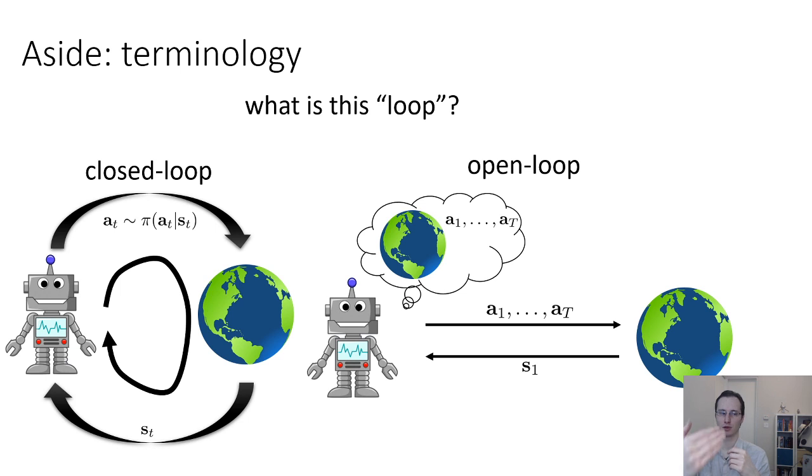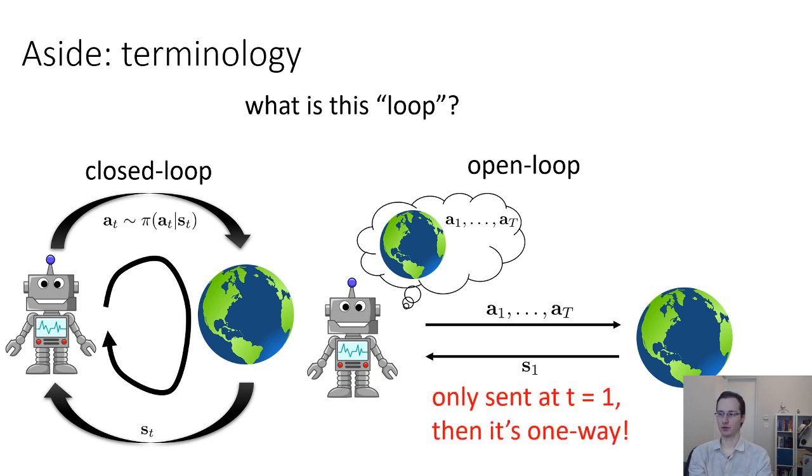They're executed without regard for what is going on in the world at subsequent states. Open loop planning can be optimal in simple deterministic settings, but in general, in stochastic settings where some new information is revealed to you in the form of the new states that you observe, open loop planning is generally suboptimal, and we typically prefer to do closed loop planning.